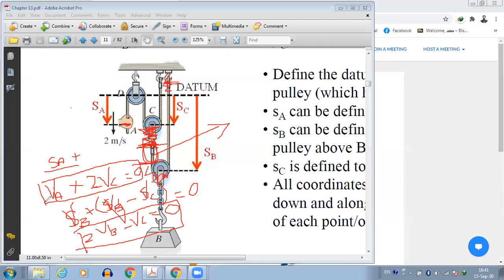Now look here. We need to find the velocity of B when we know the velocity of A. We have a relationship between A and C, and a relationship between B and C. Can we find the relationship between A and B? We can.